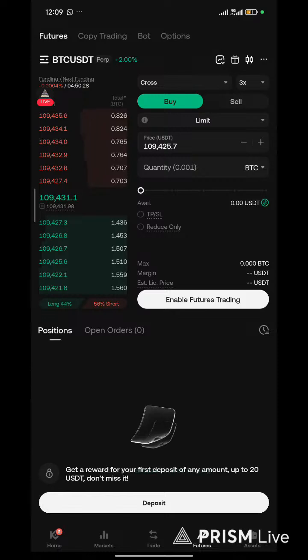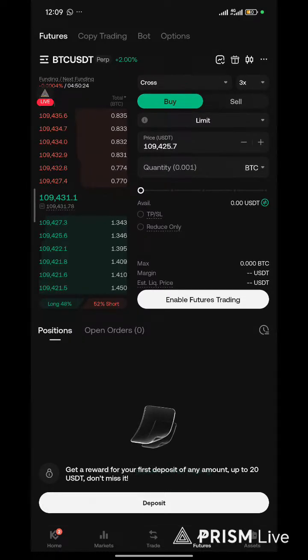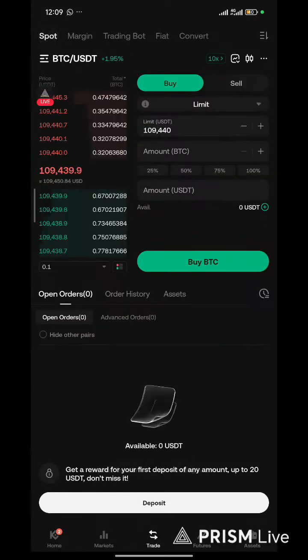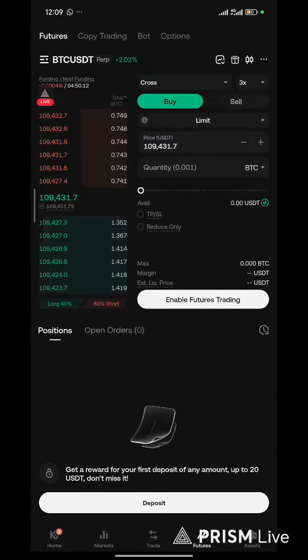So for example, this is our futures. You can easily tap on here. We have the spot trading, we also have the margin, which is the futures I'm trying to explain.